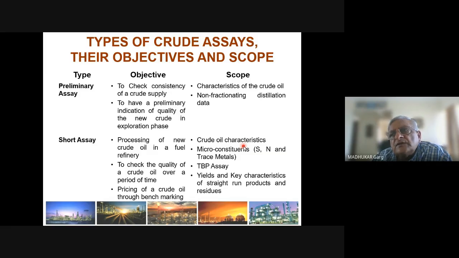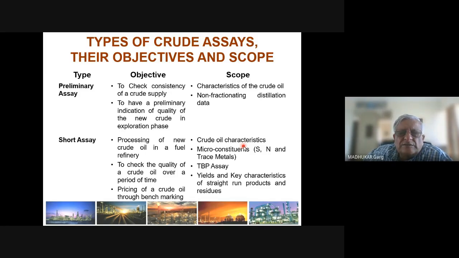But generally, as I told you earlier, when the wells deplete, the crude assay can change. So there are companies like Reliance where we go by a standard crude assay, but we do some preliminary testing of a new cargo which arrives, and some 5 or 6 parameters are measured.